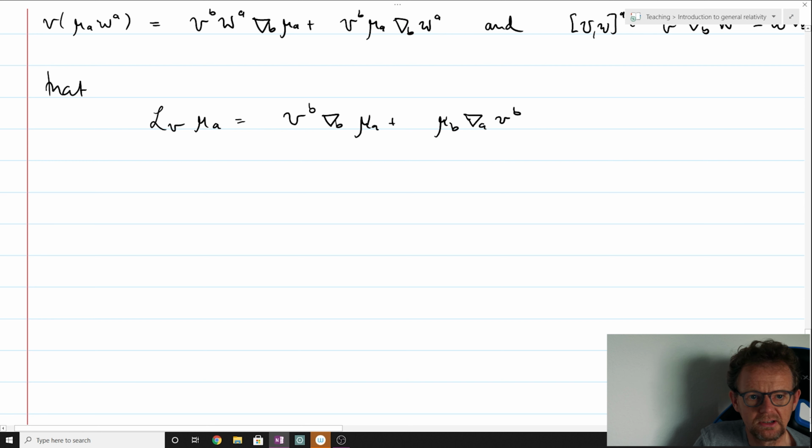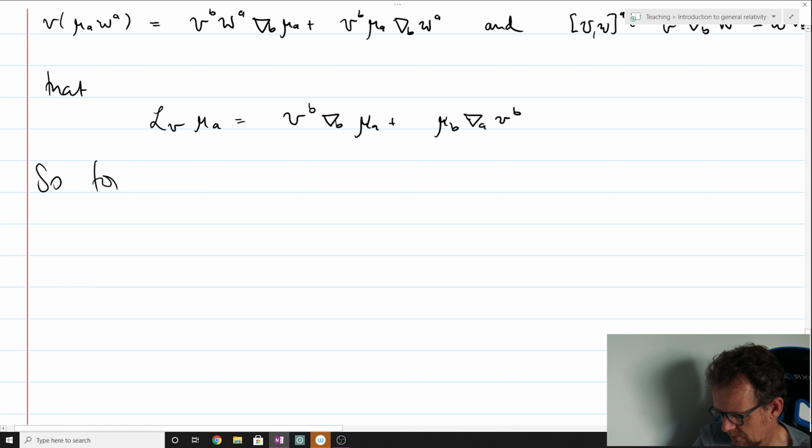Now you can repeat this argument, do an induction, and argue by induction that for a general tensor field T, the Lie derivative has the following form.